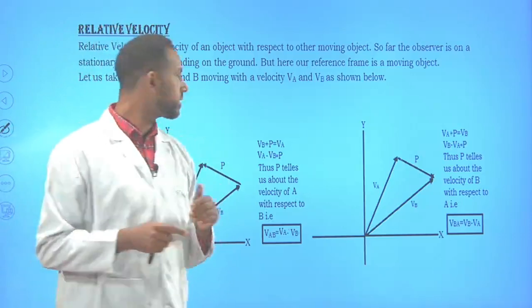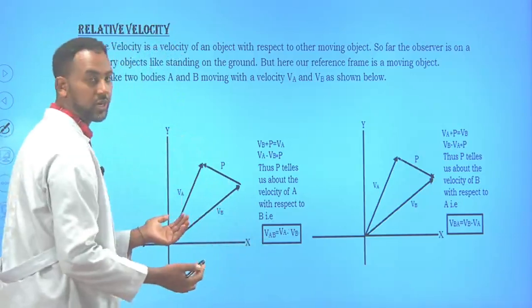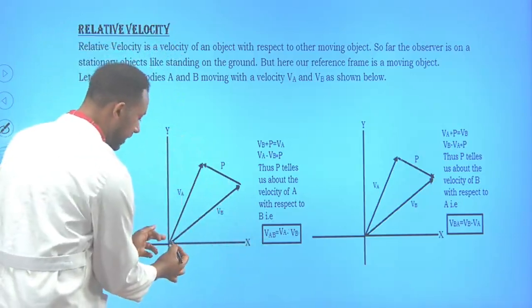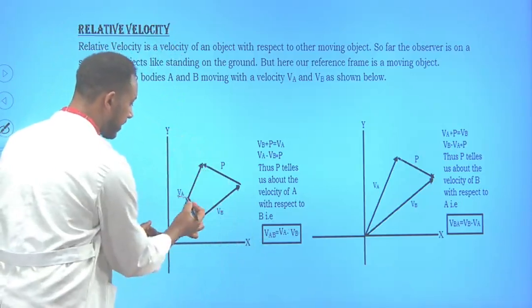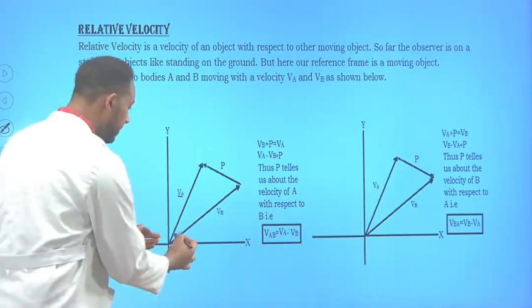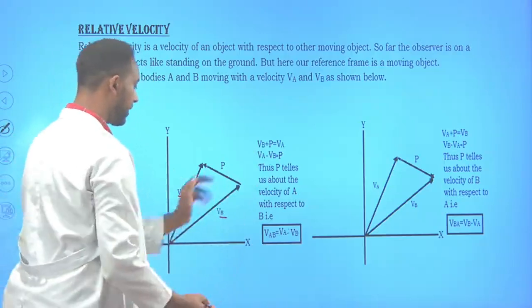Okay? So let's take two particles or two objects in a state of motion. Let's say they are cars. Car A is heading in this direction with velocity VA, and another car is moving with velocity VB in this direction.